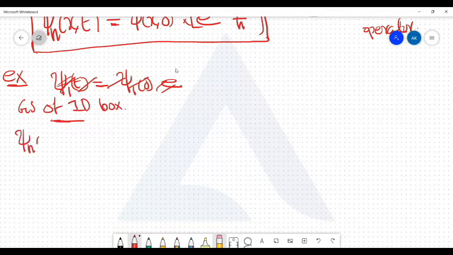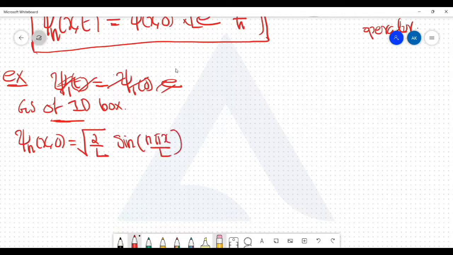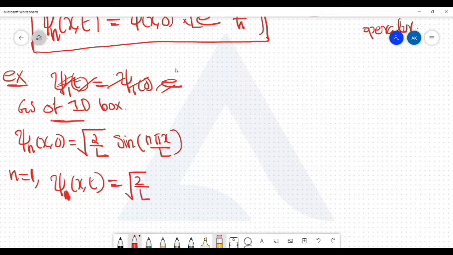We know that psi n of x, naught equal to root 2 by L sin n pi x by L. So ground state means n equal to 1. Then your psi 1 of x, t will be root 2 by L sin pi x by L into e raised to minus i E1 t by h cross.